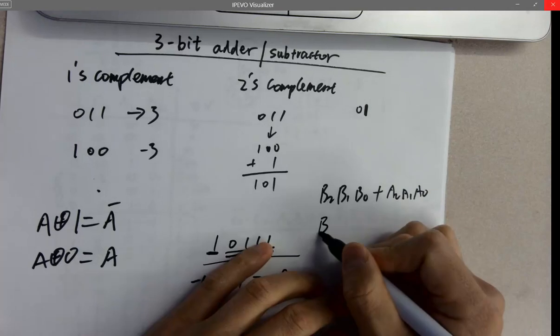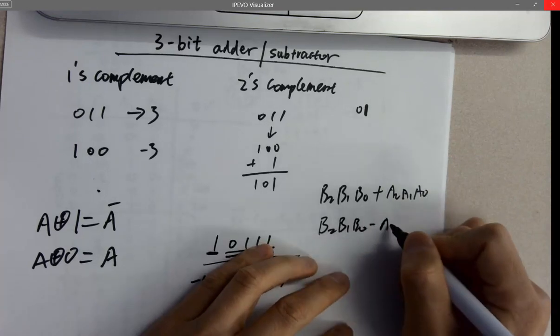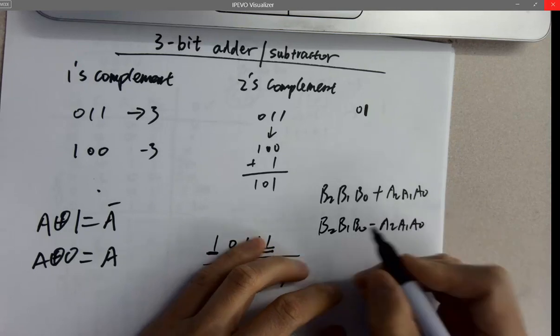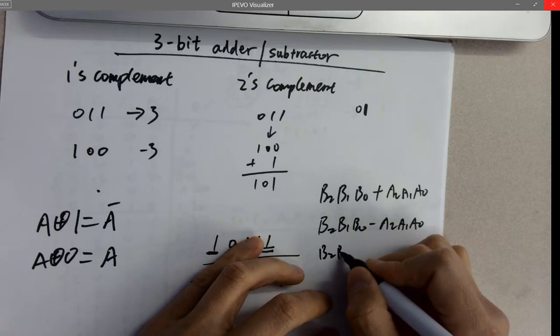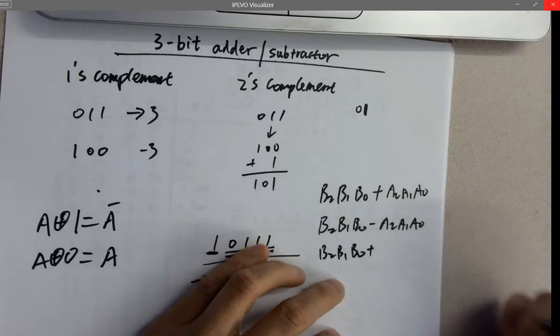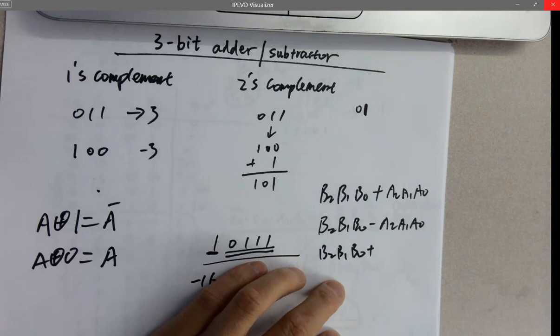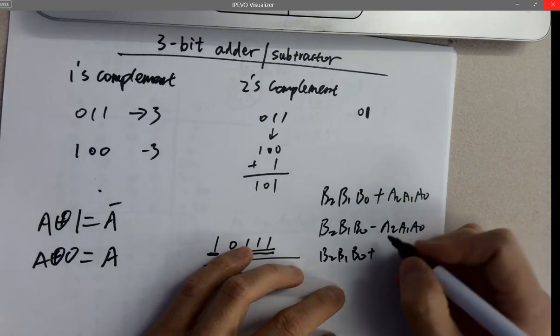But when we are doing subtraction, you have to convert it into its 2's complement. It's going to be plus, because the adders are just adding, not subtracting. That's the FA, a full adder, not a subtractor. So when you are doing subtraction, you have to add a negative number.